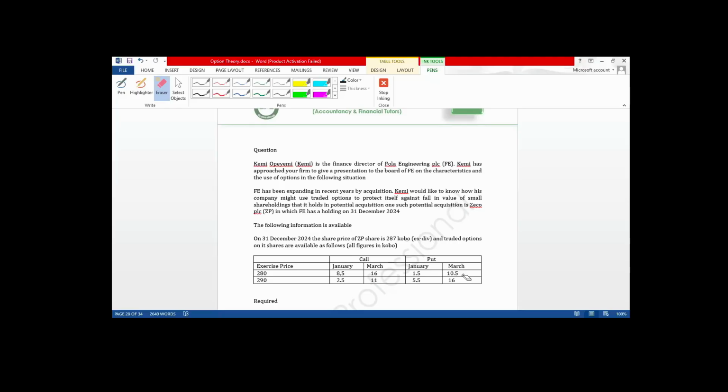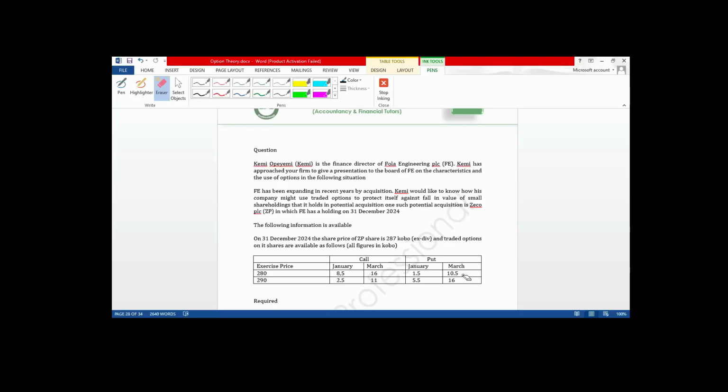On 31st December 2014, the following information is available. The share price of Zeco PLC is 287 kobo.